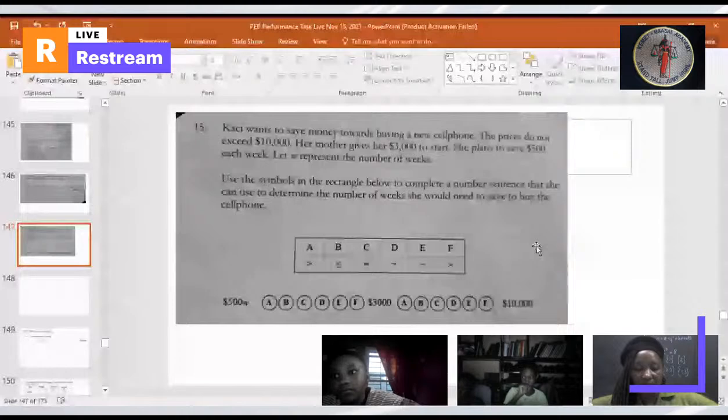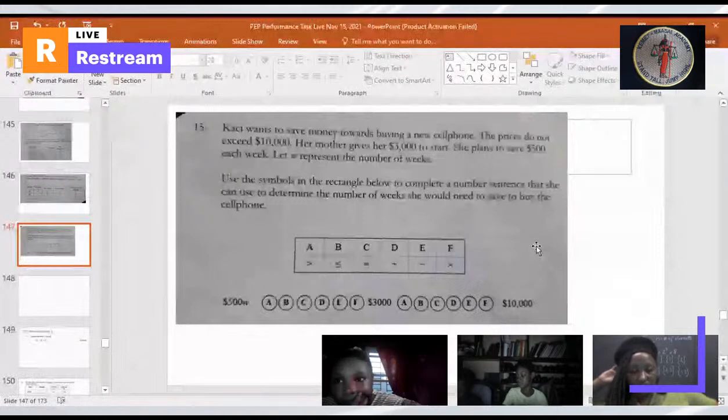So the W represents the number of weeks she's going to save. Which signs are we going to put there so that the whole thing makes sense?